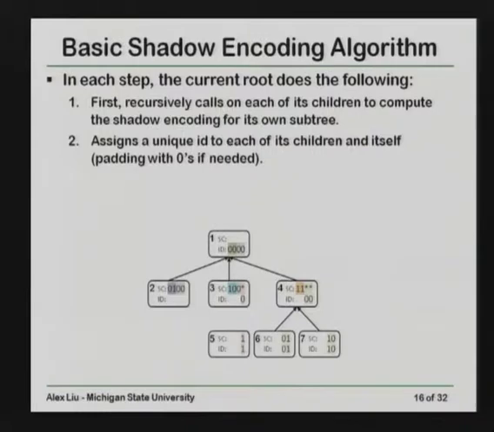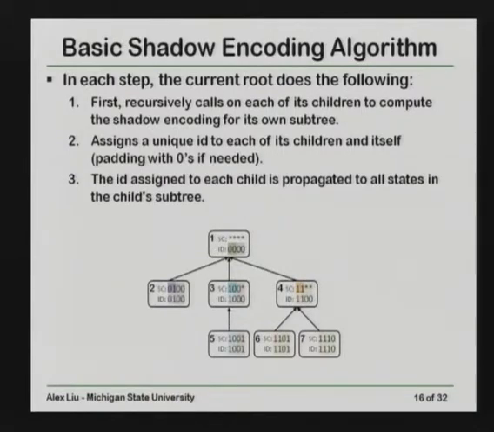Because the shadow code of state 4 is 4 bits, we need to pad with 0. The IDs assigned to every child propagate to all the states in its subtree. This will form a valid shadow encoding.